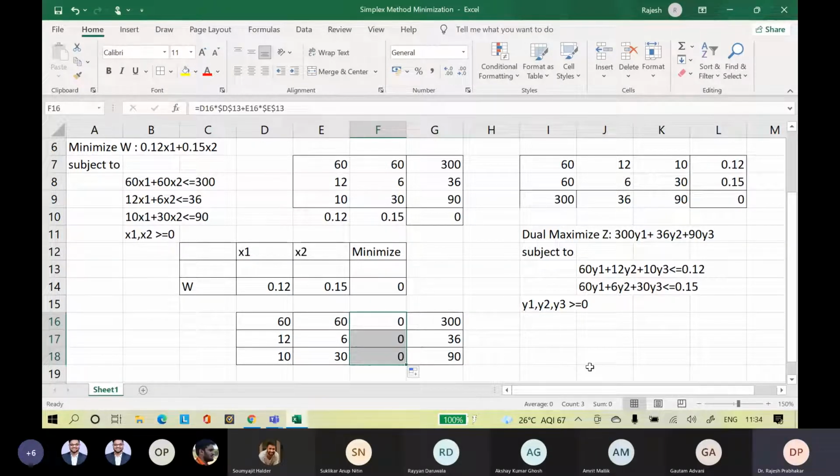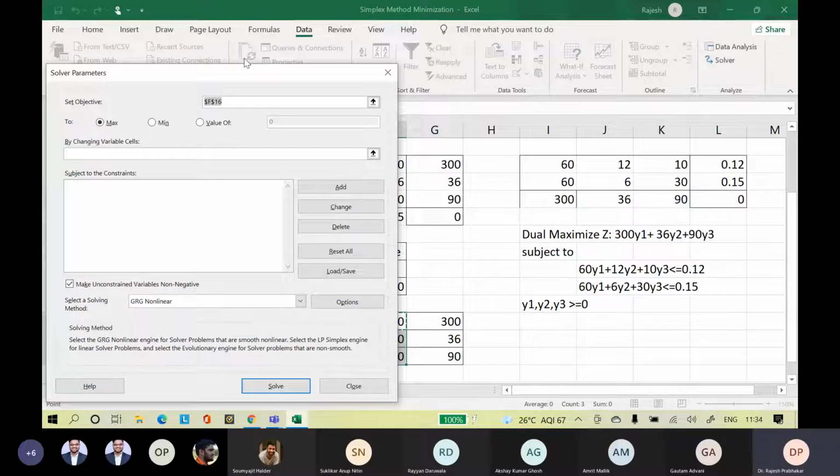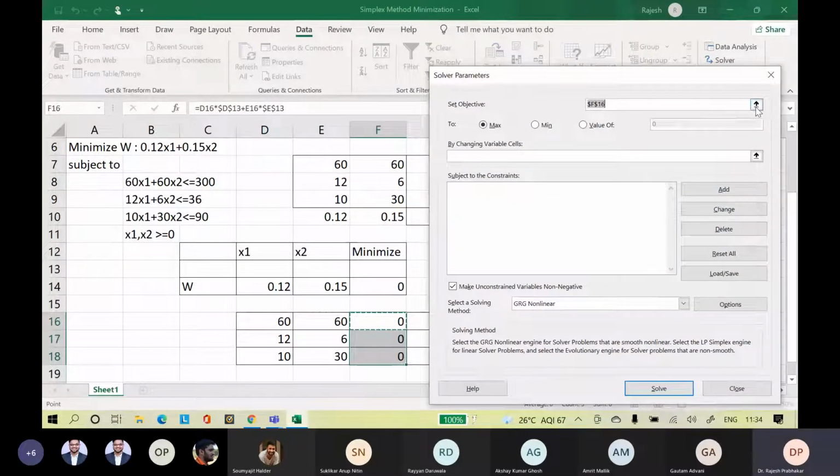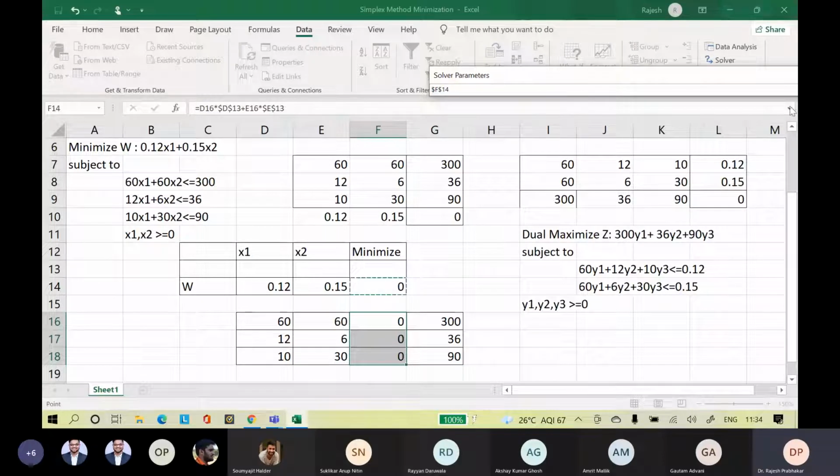Then we'll drag it down. Now we'll go to the data solver. In Solver, the objective cell is this.